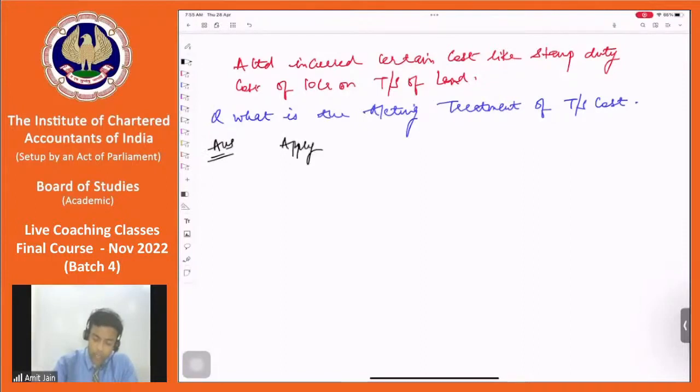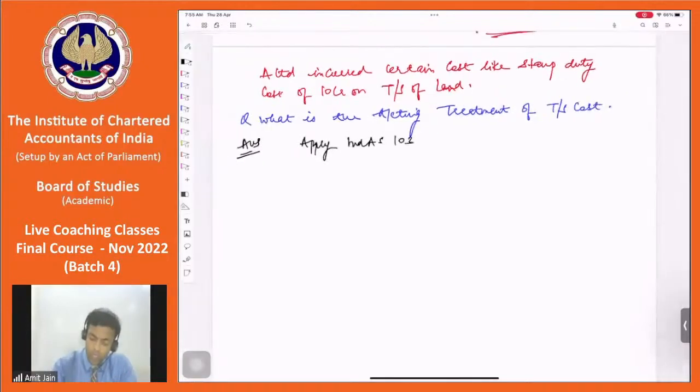What we have to apply in this case, since we are acquiring a business, apply Ind AS 103 accounting. We are not doing asset acquisition.